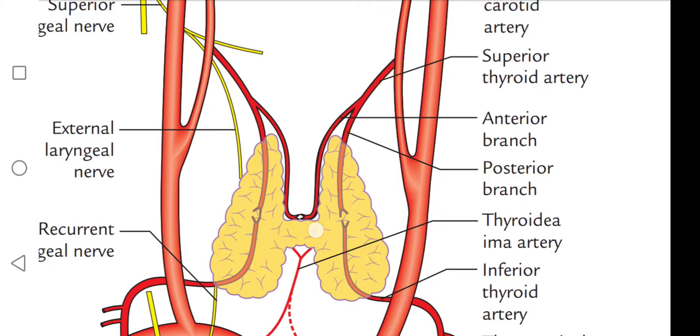Okay, and this anterior border divides the superficial and medial surfaces. This is the anterior branch of the superior thyroid artery.